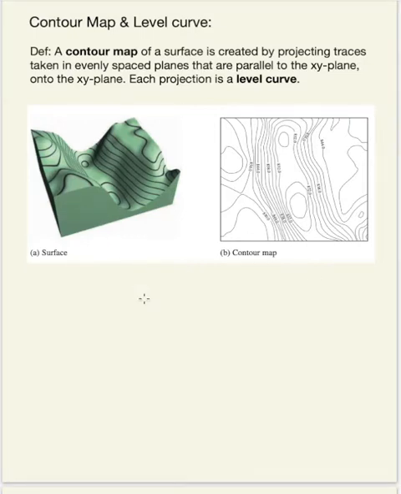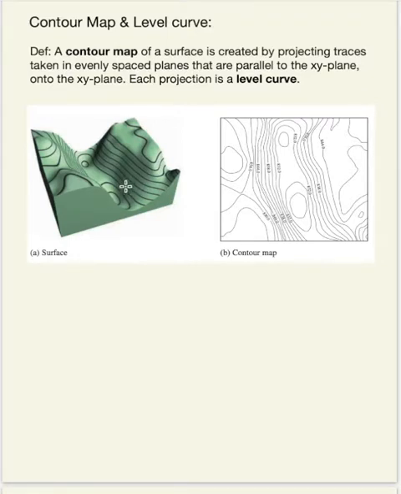Here's an example given in the textbook. This looks like a geological map. So suppose we have an area that looks like this. Then what we do is imagine it this way: we cut this entire thing horizontally at different heights, and for each height we put the cross section onto the map, and the resulting map is called the contour map.